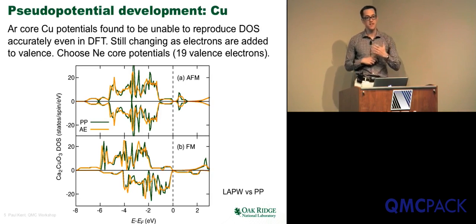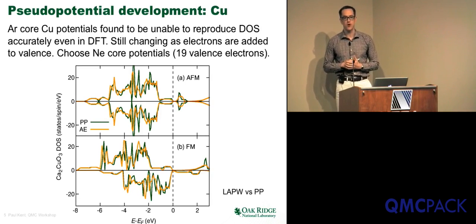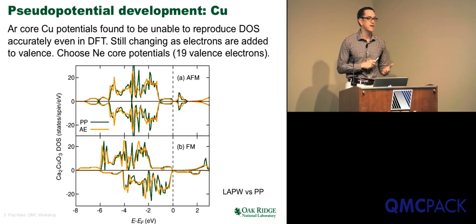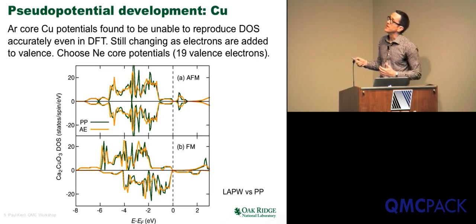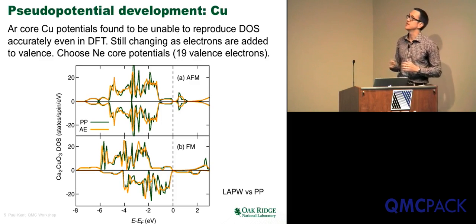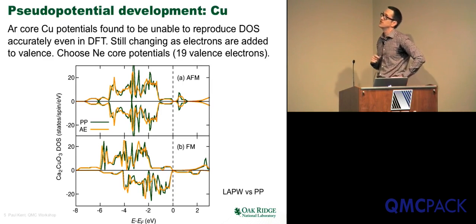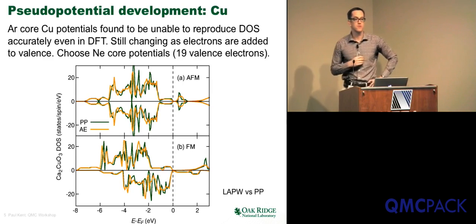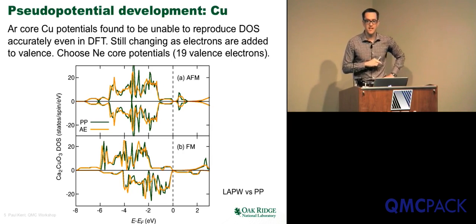Now, this was in DFT, of course, but we know it's not going to be any easier in the full many-body calculation. So in this case, we found out that argon core copper potentials didn't seem to be close enough in reproducing the density of states, and we ended up choosing neon core potentials, which have 19 valence electrons. So we're just looking for the density of states to stabilize as the number of electrons is added.